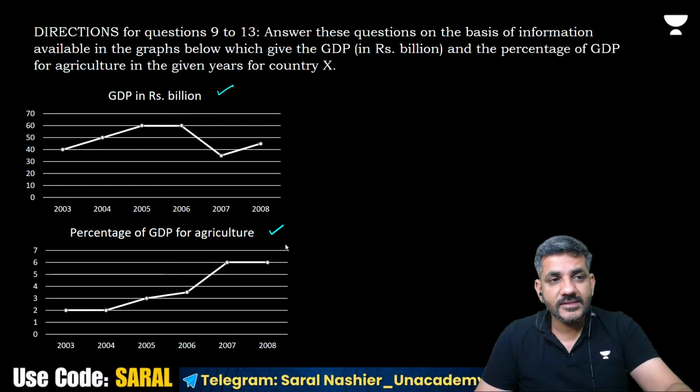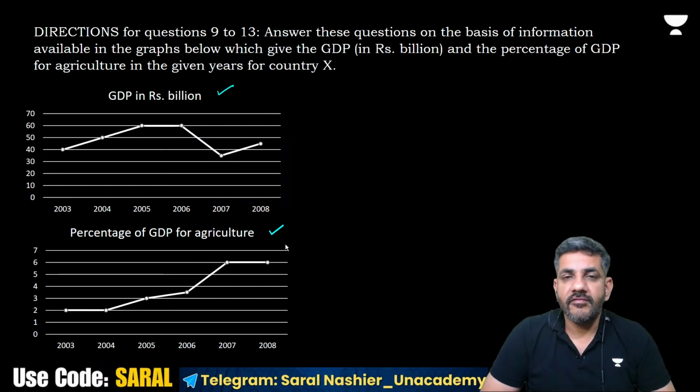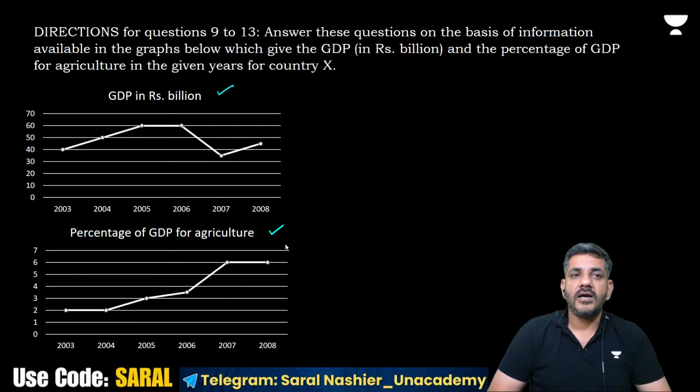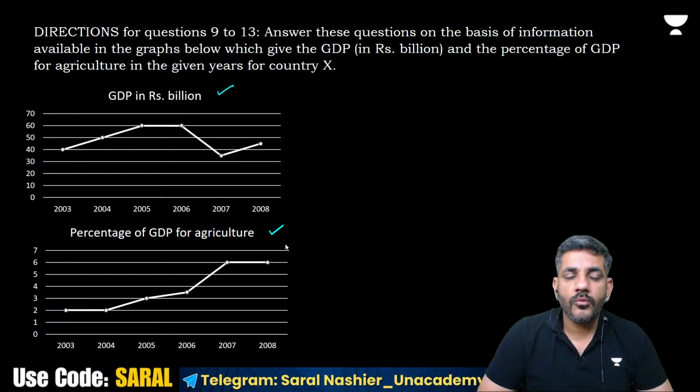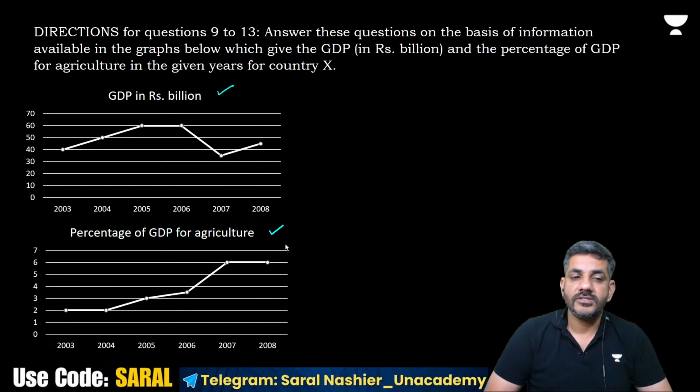Just read it once. We have 5 questions once again on this. Answer these questions on the basis of information available in the graphs below, which give the GDP in rupees billion and the percentage of GDP for agriculture in the given years for country X.